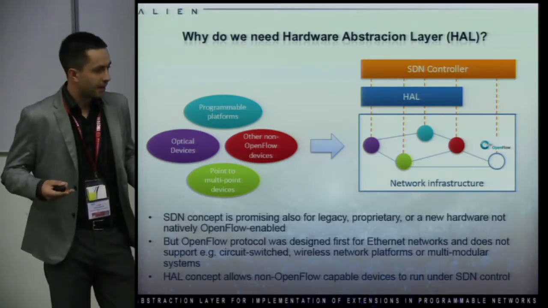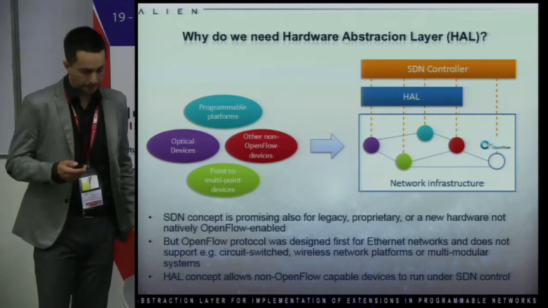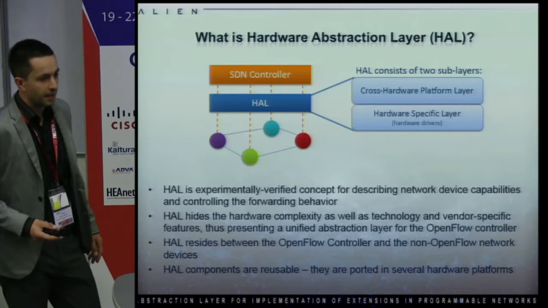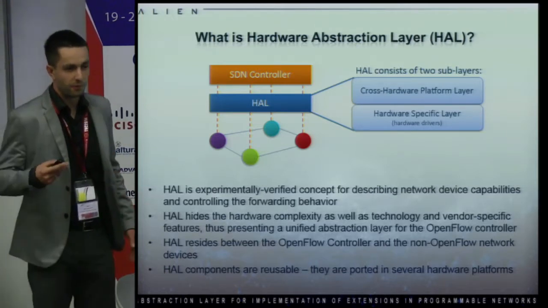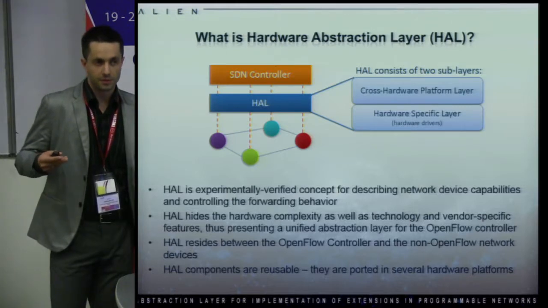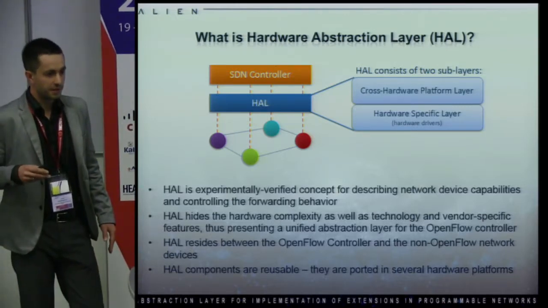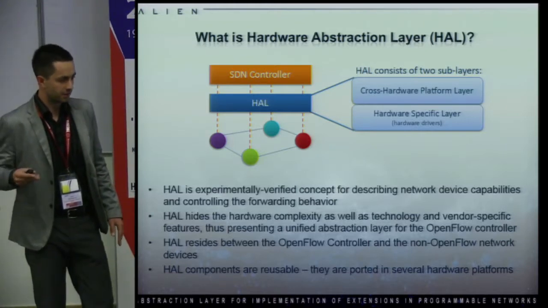The HAL concept allows adding these devices under SDN control. What is HAL? HAL is a concept of first describing and exposing the capabilities of network devices, and then allowing control of the forwarding behavior in the hardware.